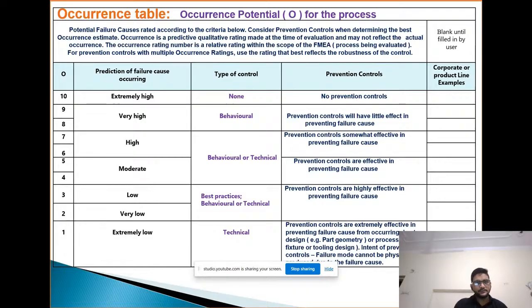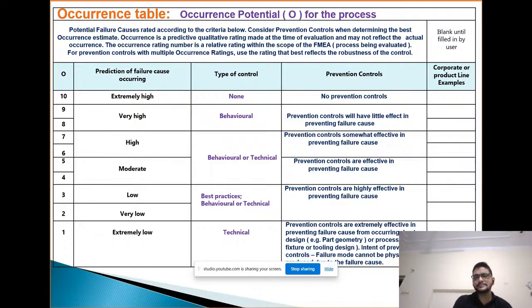Now, occurrence rating 10: the failure cause is extremely high. Type of control is none, because of extremely high occurrence, and no prevention control.